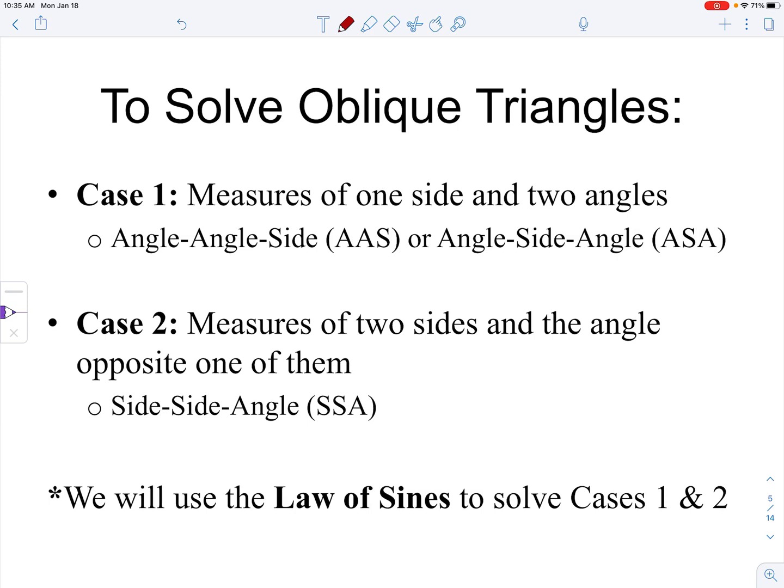Now case 1 and case 2 are what we're solving in this section using law of sines. And case 1 is when you have 2 angles and a side, so that would either be the angle angle side or the angle side angle. And then case 2 is something that we refer to as the ambiguous case, and you have to watch out for it.